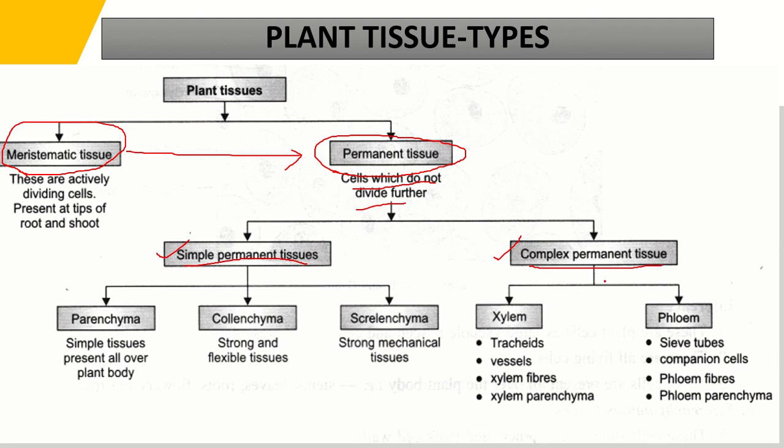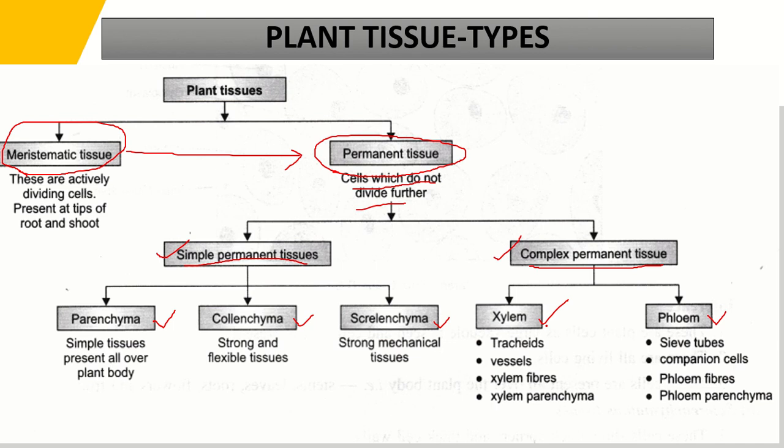This simple permanent tissue will be further divided into parenchyma, collenchyma, and sclerenchyma on the basis of structure, function, and location. The detailed discussion of these three different types of tissue will be there in this presentation only. Okay. This complex tissue is further divided into two types, xylem and phloem.